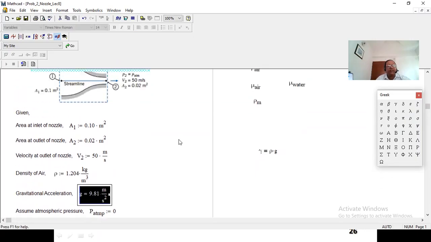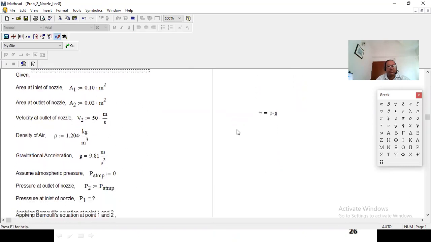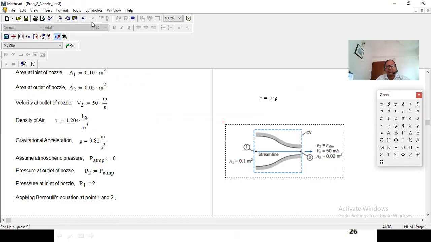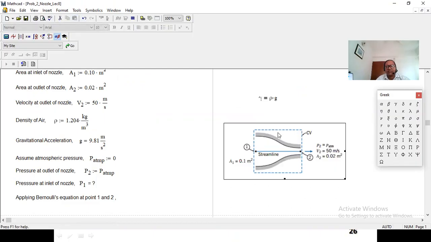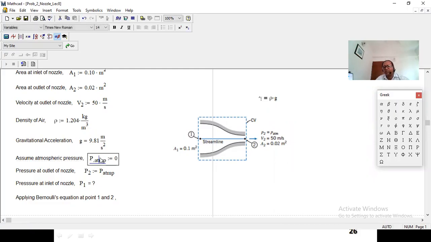Now, if I copy this figure right over here. Now, atmospheric pressure: we are thinking that atmospheric pressure equals 0 because we'll figure out the gas pressure.